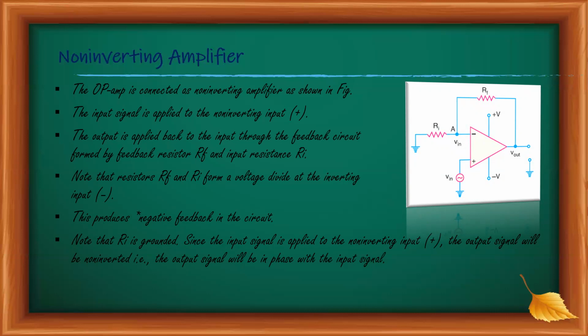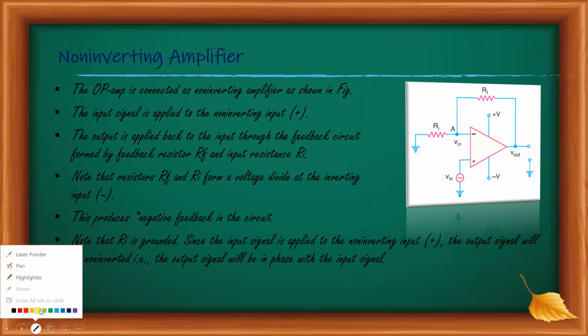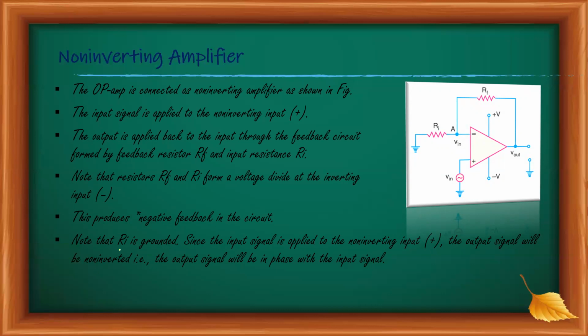From the figure, it is clear that the resistor Ri is grounded and the input signal is applied at the non-inverting terminal, isn't it? The input is given at the non-inverting terminal.